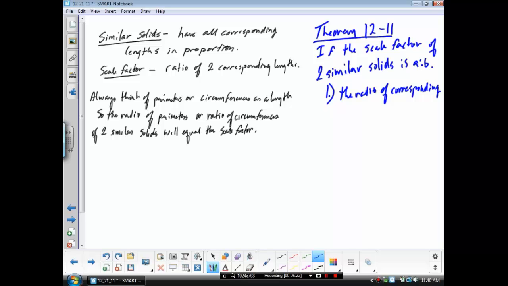So the ratio of corresponding perimeters is the same as the scale factor, A to B. Part 2 now, and there are 3 parts here. The ratio of any two corresponding areas. Now areas would be square units in measure, so you square the scale factor.